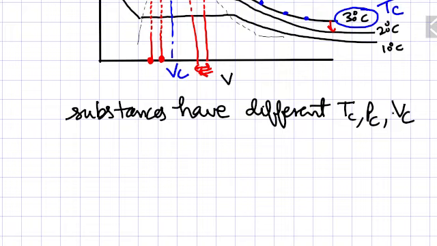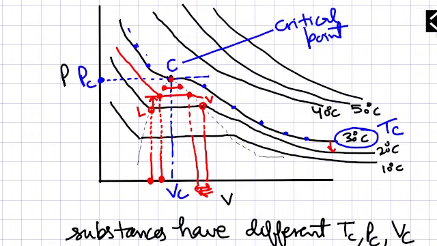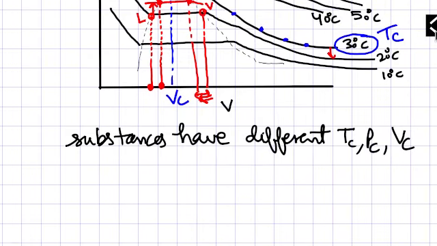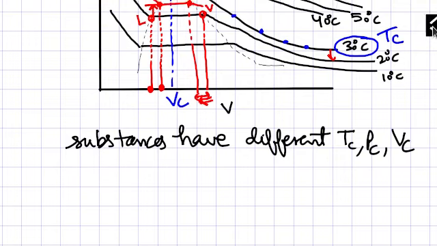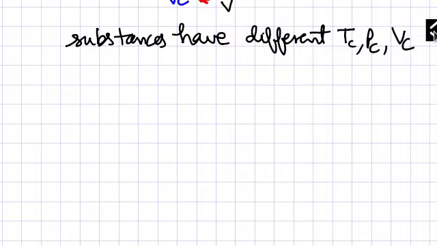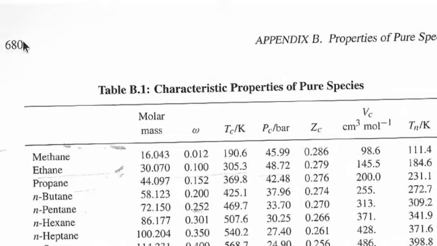So if you can get these values, then you can differentiate between substances. If you look in your book, you will find a table in the appendix that tells you the critical properties of various substances. I am showing you this. If you see page number 680, you will find a table.